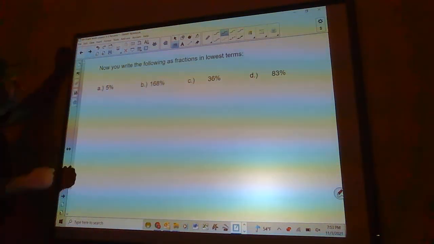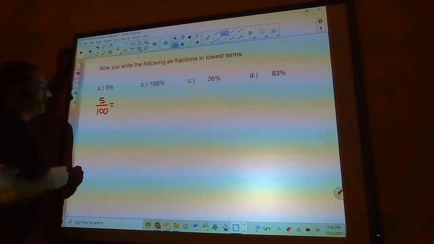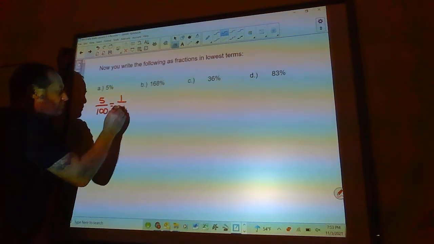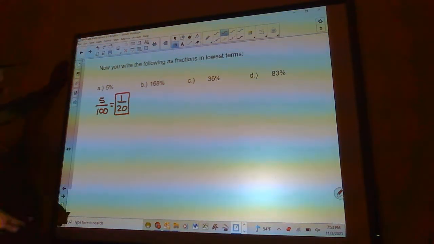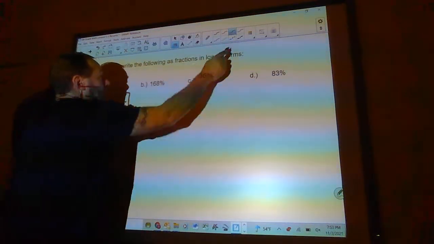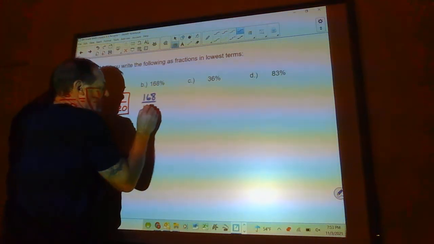5% would be 5 out of 100, which would be 1 over 20. 168% would be 168 over 100.